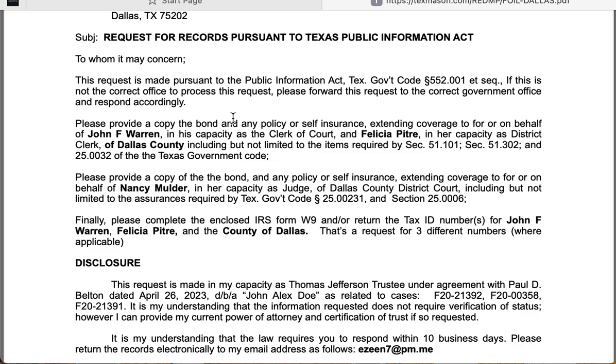Because these are two separate things, and if you just ask for one or the other, you may get none or one where there's actually two. So you want to get all that information. Typically, elected officials that have constitutional oaths have surety bonds, and counties typically have insurance policies. They have one or two of them. They have government policies, and even the state has a government policy.